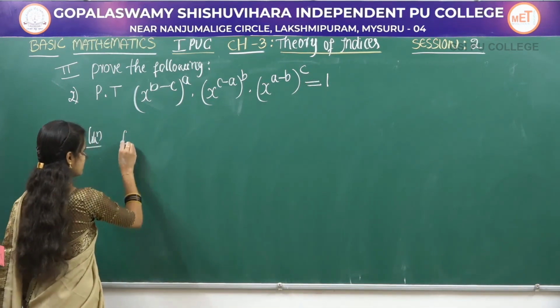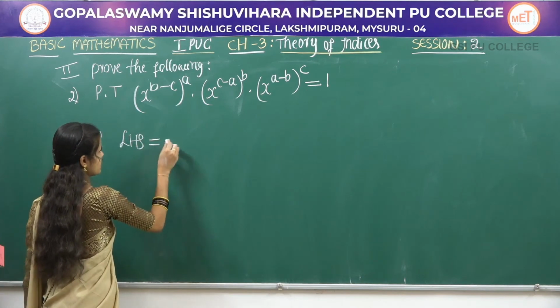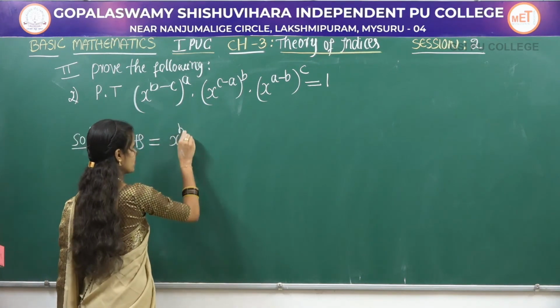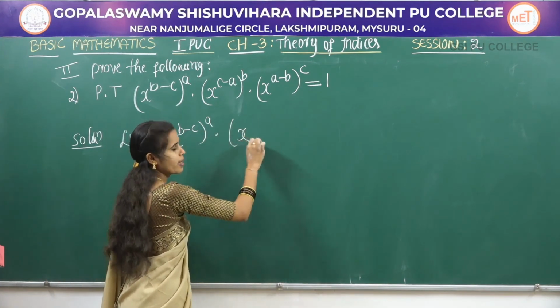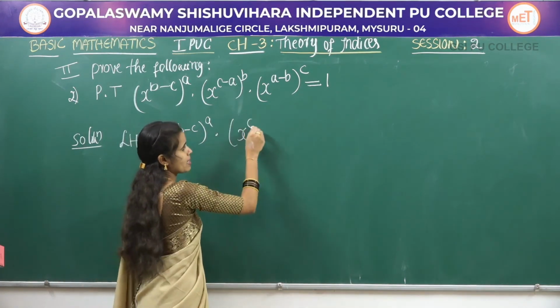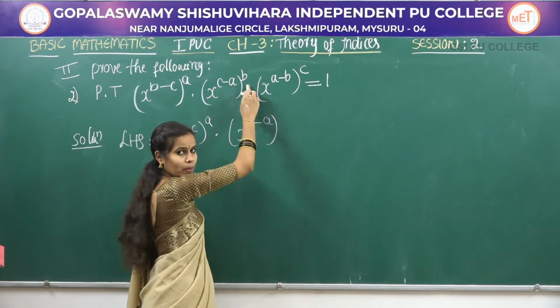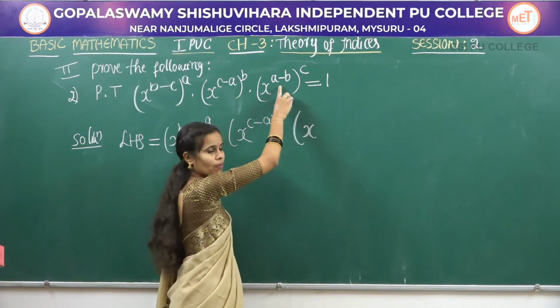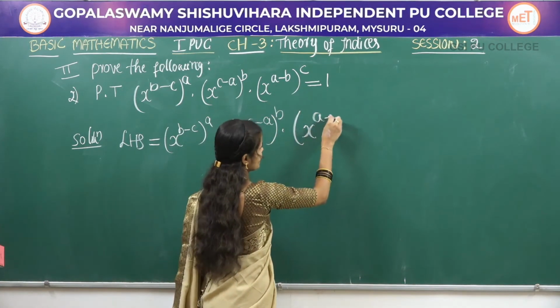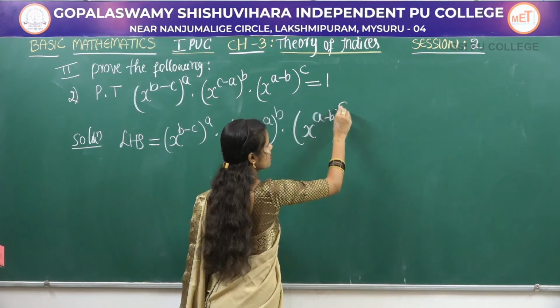So consider LHS. LHS is equal to x to the power of b minus c all to the power of a into x to the power of c minus a all to the power of b into x to the power of a minus b all to the power of c.